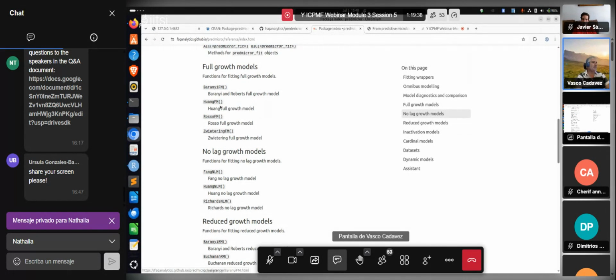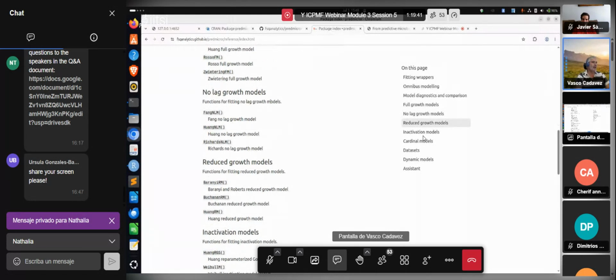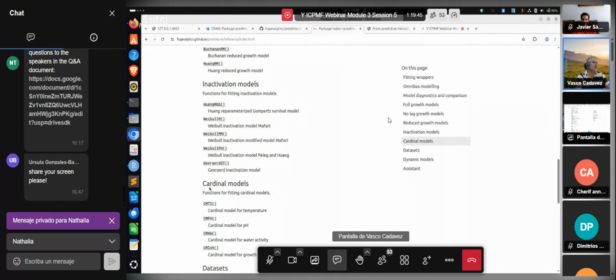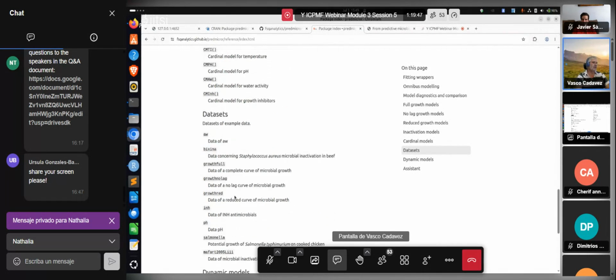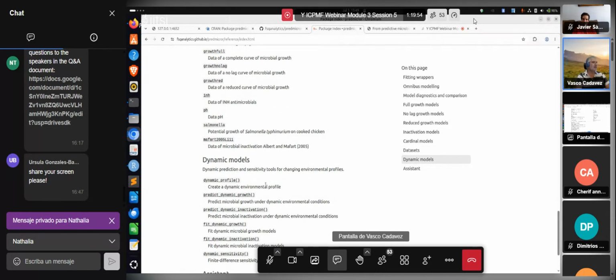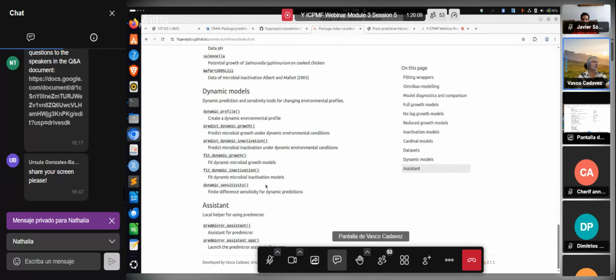Okay, so at this moment we have 4 implemented: no lag growth models, reduced growth models, inactivation growth models, and also cardinal growth models. And you can find also some data sets that you can use to test and experiment with the functions, and they are examples. So before you use your own data, you can look at this data, see how they are organized, and you can then pass to using your data.